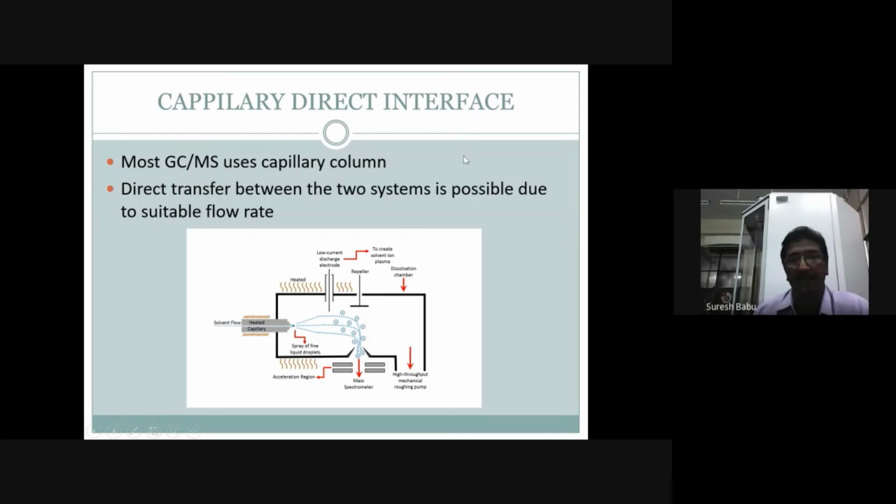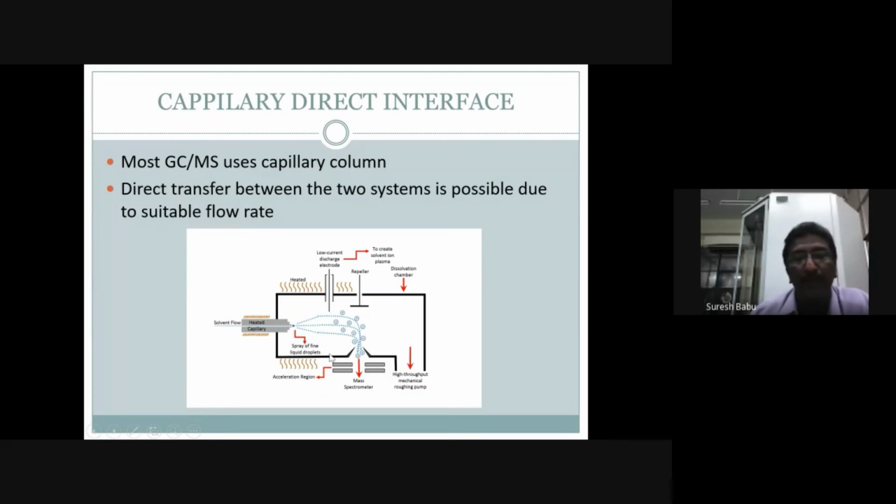This is the schematic representation of the capillary direct interface. Here the capillary column is used in GC, so the flow rate will be small, and the amount of carrier gas will also be less. So here it is sprayed from the capillary into a small low electric discharge.